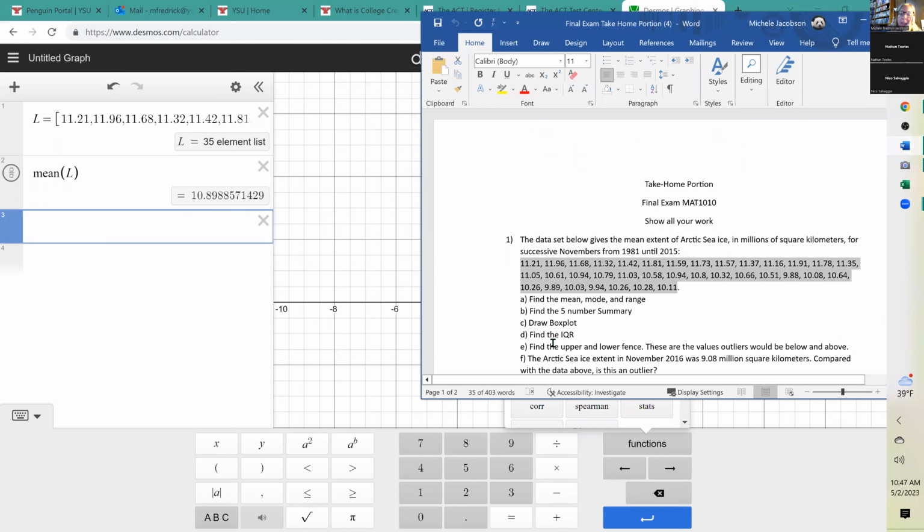Any questions on mean, mode, or range? 5-number summary. Smallest, lower quartile, median, upper quartile, and largest.